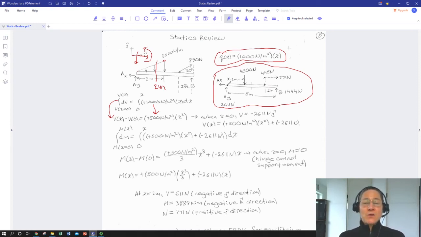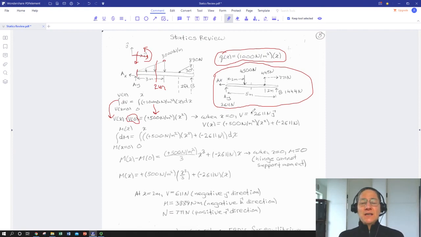Here's where we use our support reactions, because now we have to solve for what is the shear stress in that beam all the way over at the A support? Well, it has to be whatever is opposing the full magnitude of the support reaction at A. So if I were to take that beam and cut it in a teeny tiny little sliver just to the right of the support reaction, I would find that the beam to the right of that sliver would have to be exerting a downward force equal to the upward force of the support, or the sliver would not be in static equilibrium in the y direction.